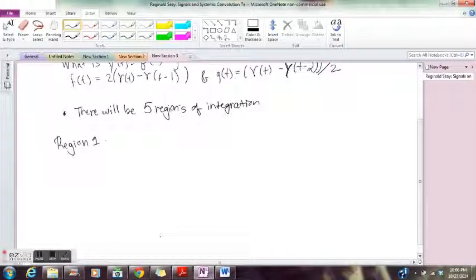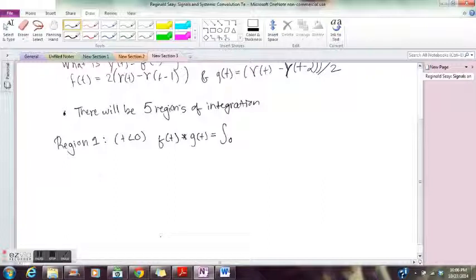So we have our region 1. For region 1, we have t less than 0, and t less than 0 is f of t convolved with g of t.